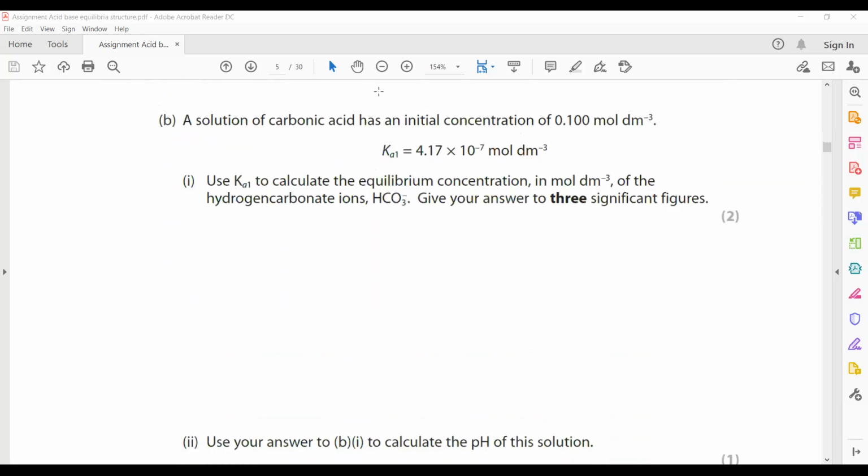Now, a solution of carbonic acid with the initial concentration of 0.1 mole, where K1 is 4.17 × 10^-7. Use Ka1 to calculate the equilibrium concentration for hydrogen carbonate ion and give your answer in three significant figures. So we have the Ka, K1 is given.